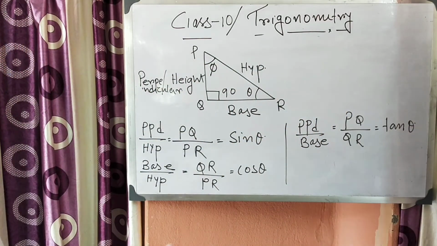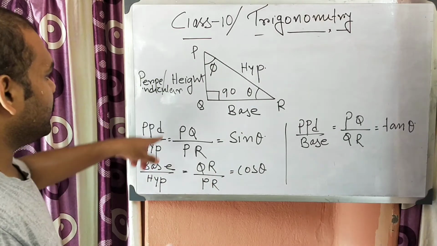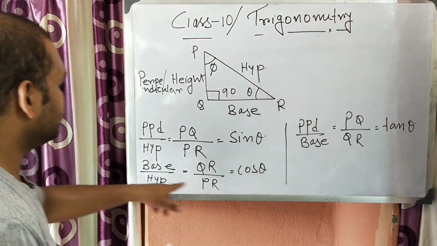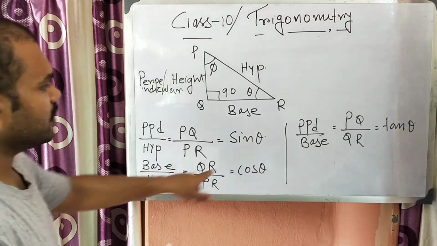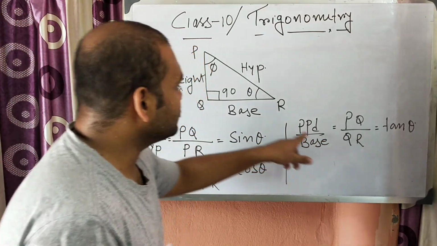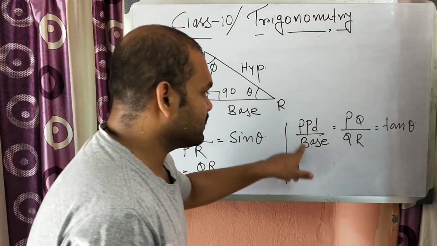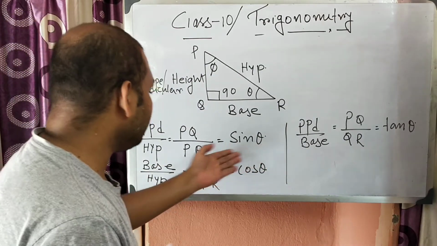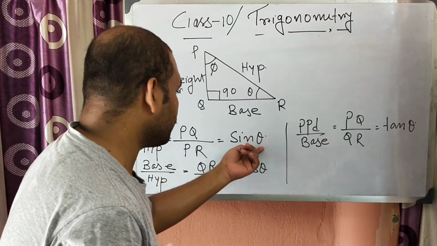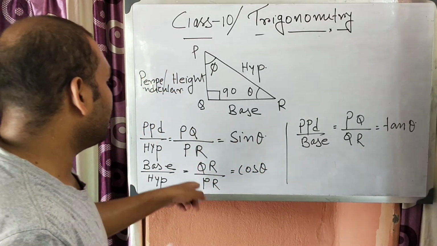Okay, so sin theta is the ratio of perpendicular and hypotenuse, cos theta is the ratio of base and hypotenuse, and tan theta is the ratio of perpendicular and base. Okay, this is sin, tan and cos with respect to theta.